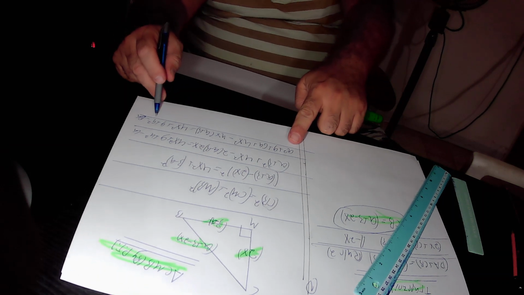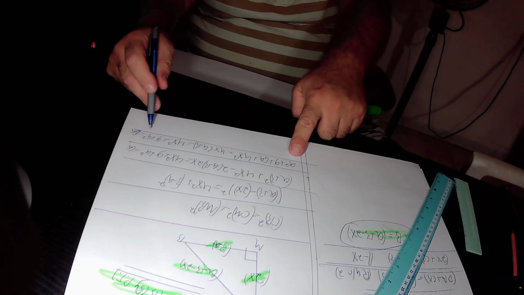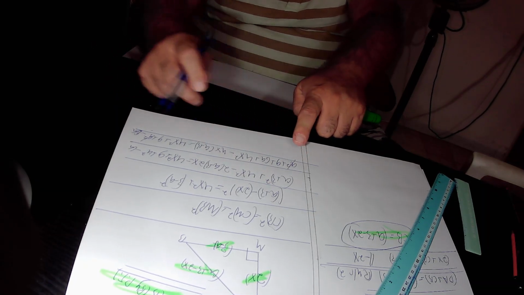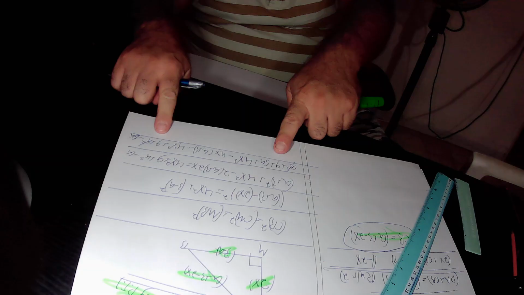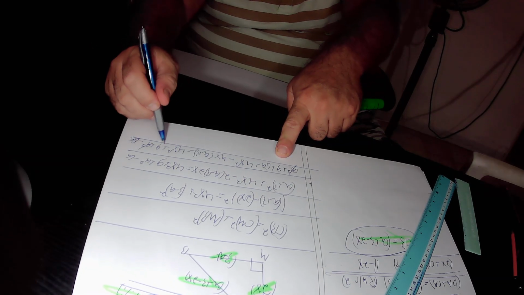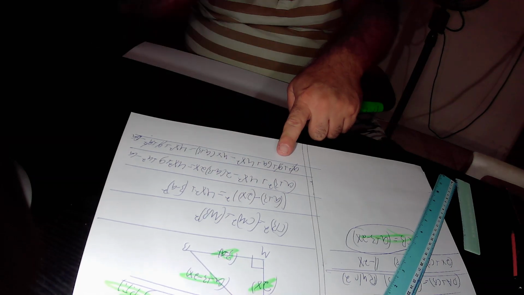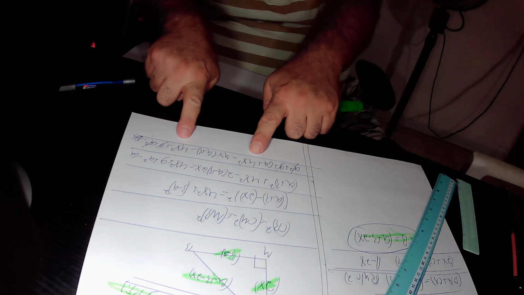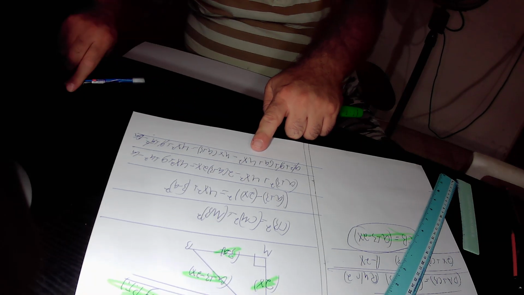We have a squared on both sides of this equation, so a squared gets cancelled. We have 9 on both sides, so 9 also gets cancelled. And we have 4x squared on both sides, so 4x squared also gets cancelled.